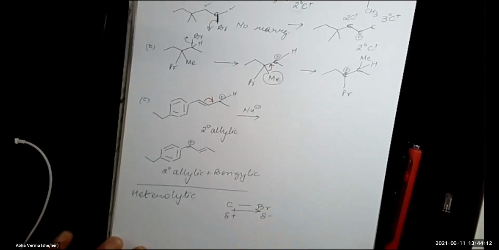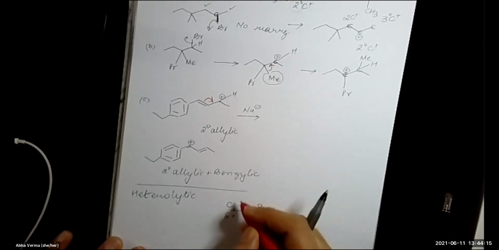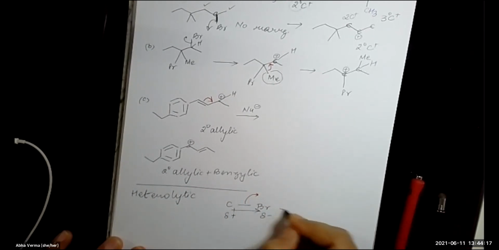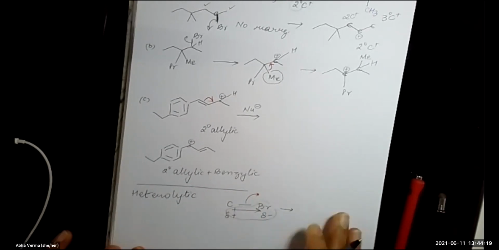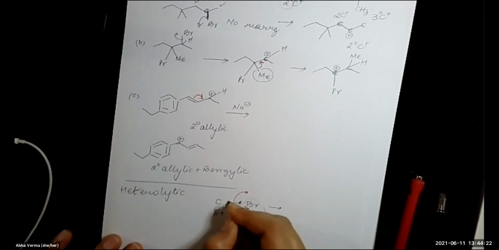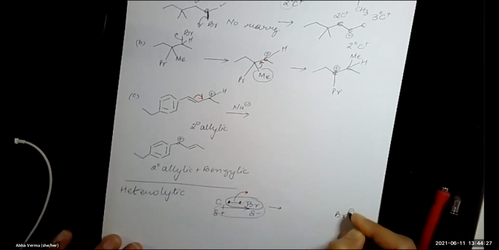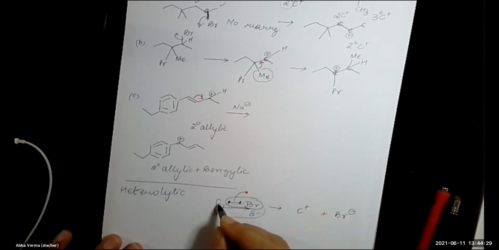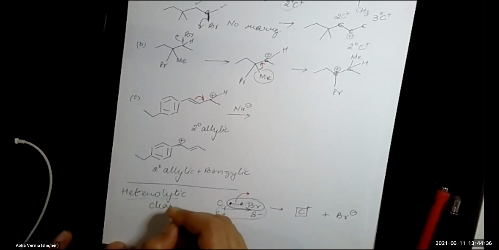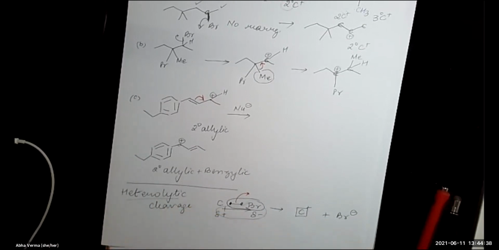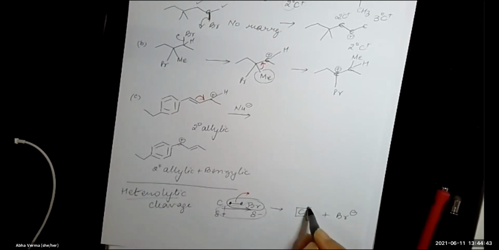When the Br leaves, it does take all the electrons with it. So there is this electron and then there is this electron. The Br takes both the electrons, leaving the carbon as a carbocation. So this is a heterolytic cleavage or heterolytic bond breaking, which will generate your carbocation.